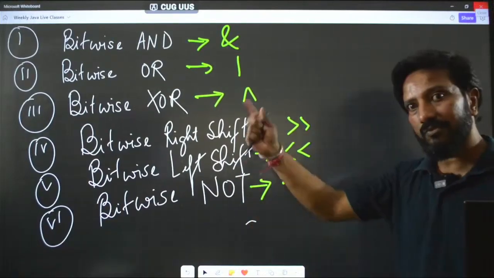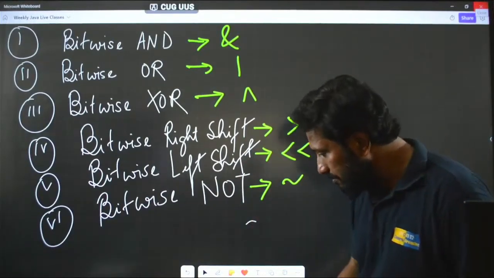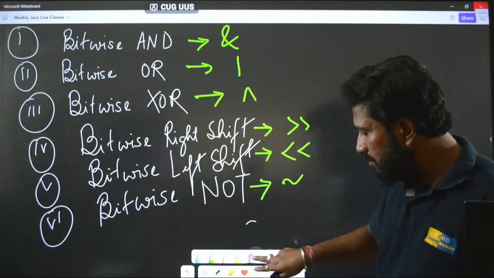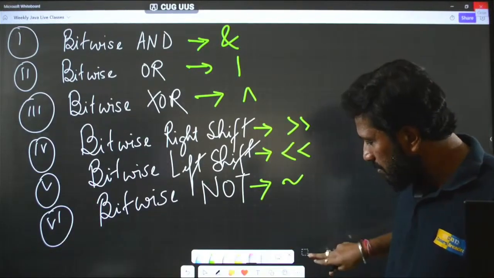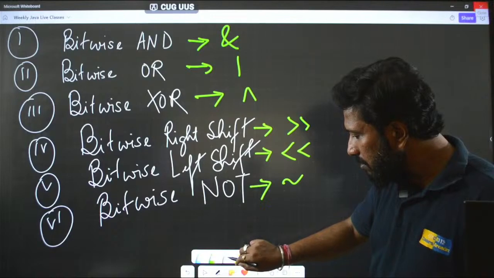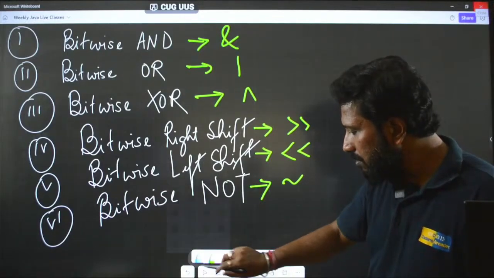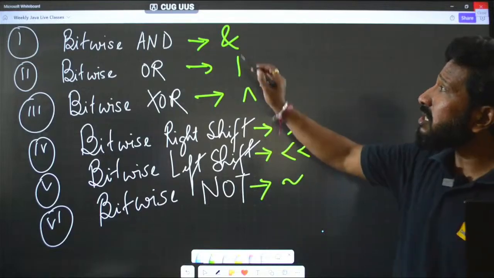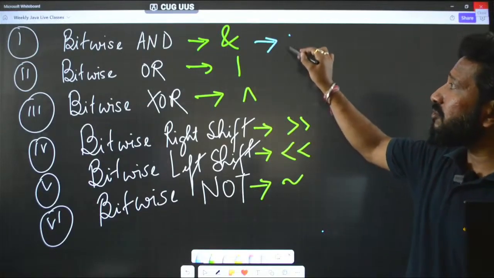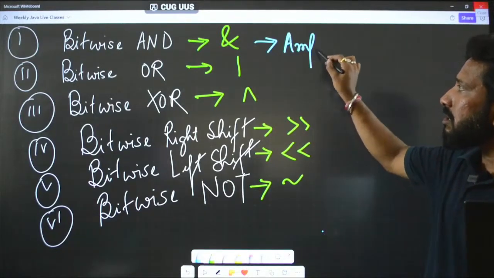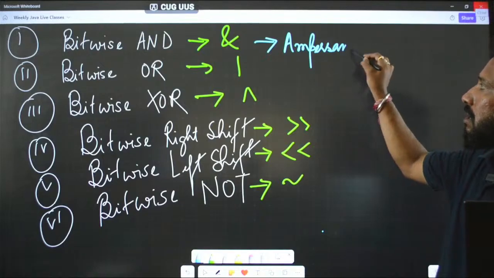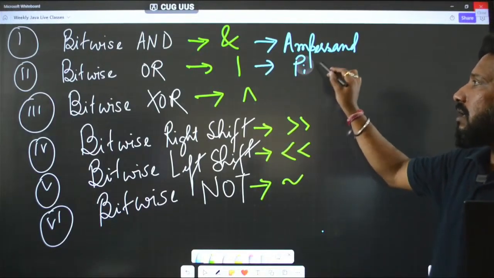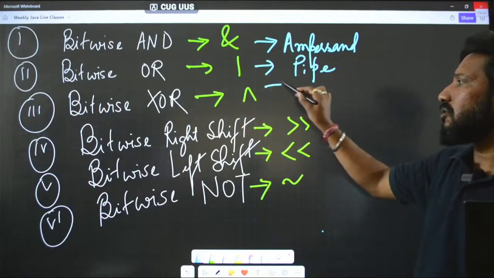Fine, I hope this is visible to you. So this symbol, I have already told you before, is called the ampersand, and this is called the pipe, this is called the caret.